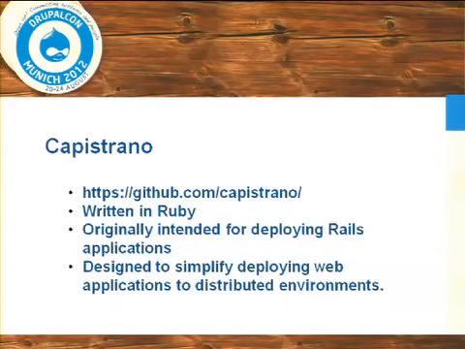Okay, so Capistrano was written in Ruby, originally based around deploying Rails applications, because I'm sure that can be a bit of a pain. I don't know much about Ruby, but it sounds like people were having a lot of trouble, and so Capistrano came about to simplify that process.